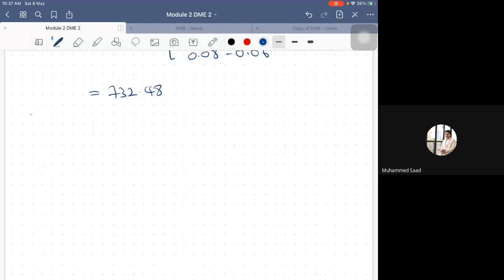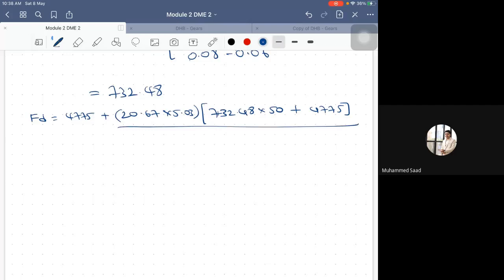So Ft is equal to 47, that is the value of Ft, plus 20.67 into 5.03 cross 732.48, we have taken the value of C, into 50 plus 4775, and this whole divided by 20.67 into 5.03 into square root of 732.48 cross 50 plus 4775.